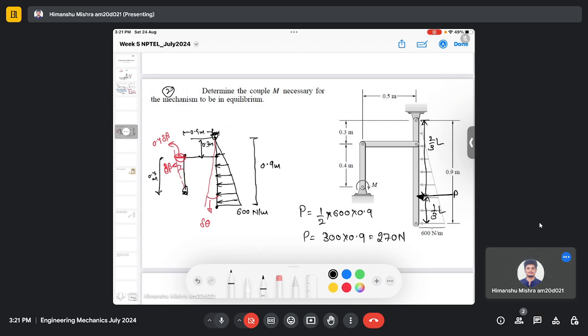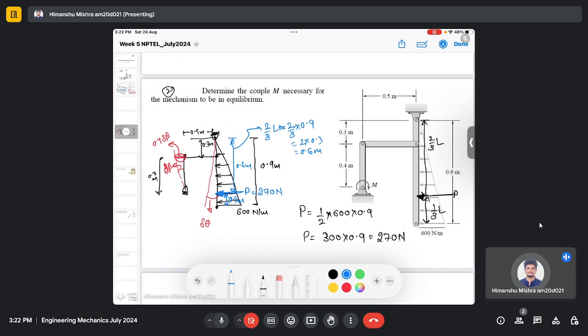So here we have a point load P, which is equal to 270 Newton, and this distance should be 2 by 3 L, which is 2 by 3 multiplied by 0.9. So it will be 2 multiplied by 0.3, so it's 0.6 meter, right? And this remaining distance will then be 0.3 meter, and this is 0.6 meter.